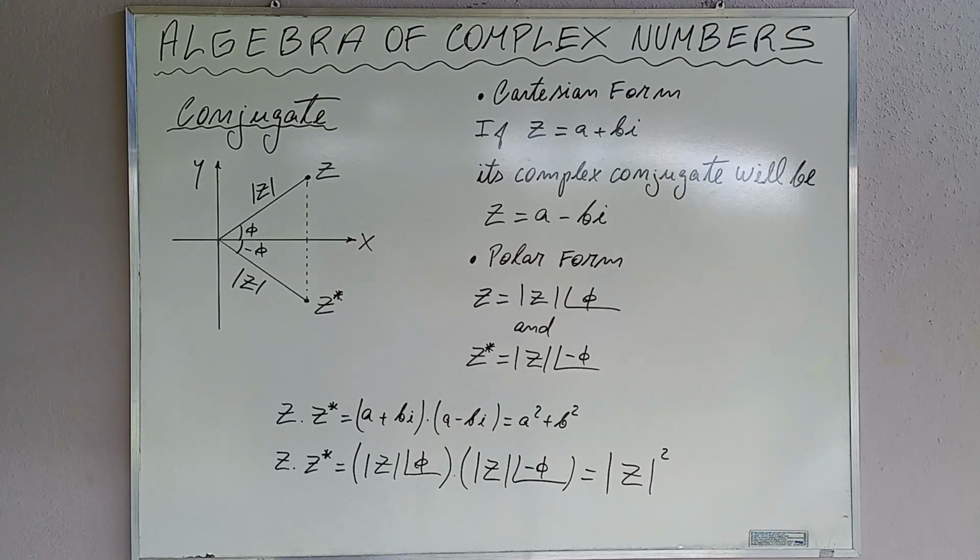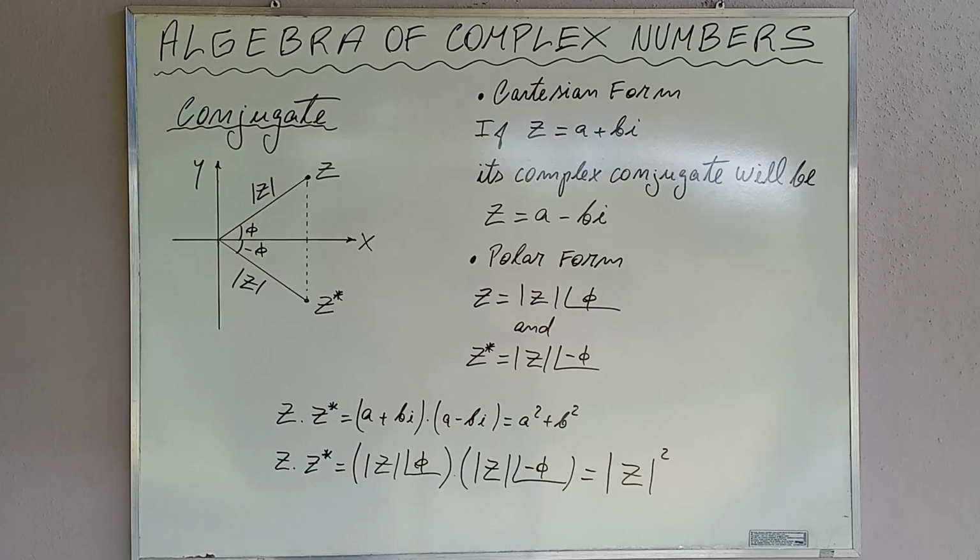To finish the discussion about complex numbers, let's understand the importance of the complex conjugate of a complex number. In the Cartesian form, if z equal to a plus bi is a complex number, its complex conjugate will be z equal to a minus bi.